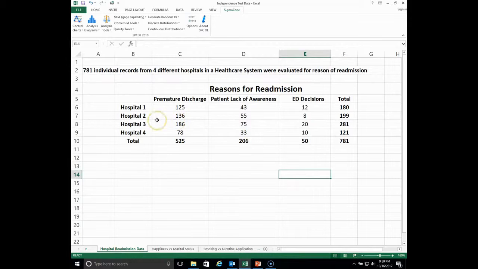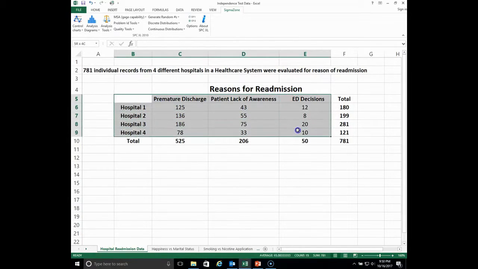Like I said before, the reasons for readmission can go down the side, the 4 hospitals can go across the top. It does not matter as long as we have the cross classification counts correct for each cell in the matrix. So we're going to do the independence test here, and we're going to highlight this data.